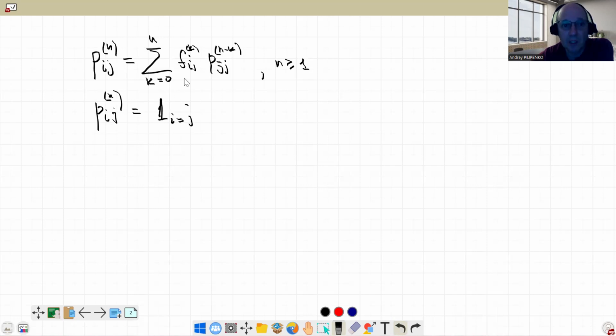Observe that this sum is equal to 0 if n is 0, because Fij^0 is 0 by definition. So if i is not j, Pij^0 is 0, then we have that Pij^n is a convolution of sequences f and p. If i is equal to j, then Pij^n is a convolution of f and p except for the first term. And we know the generating function of a convolution is a product.